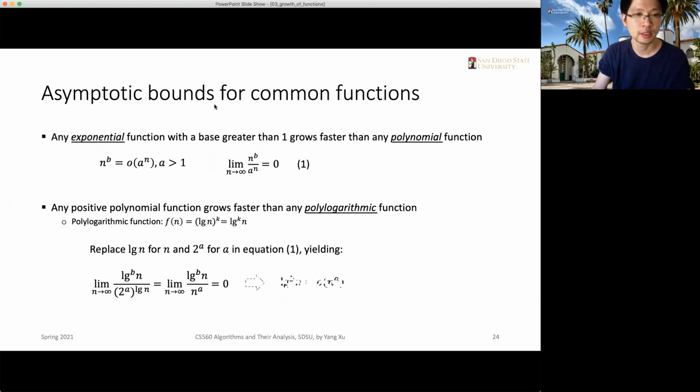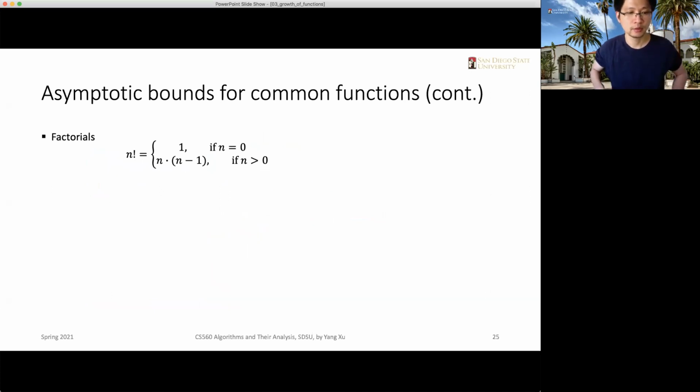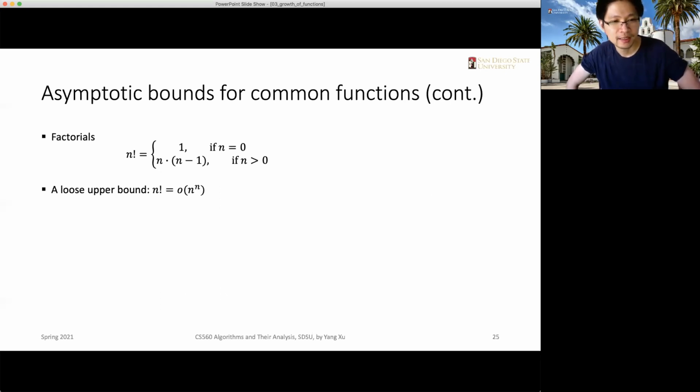On the next slide, which I think is the last slide, we'll look at the factorial functions. The factorial has a pretty loose bound of n to the power of n, which is an even higher upper bound as compared to the exponential functions.